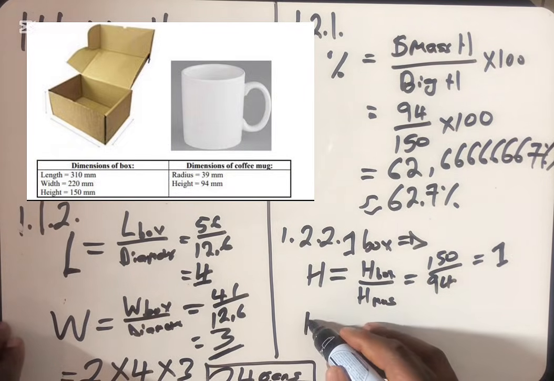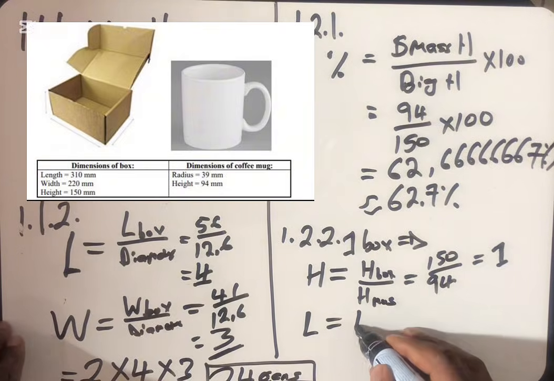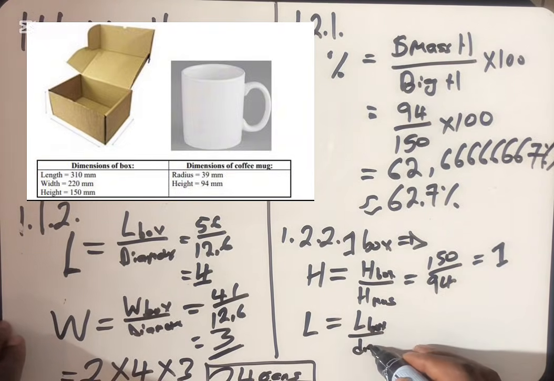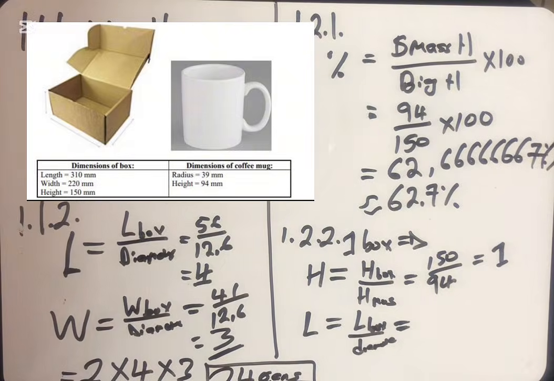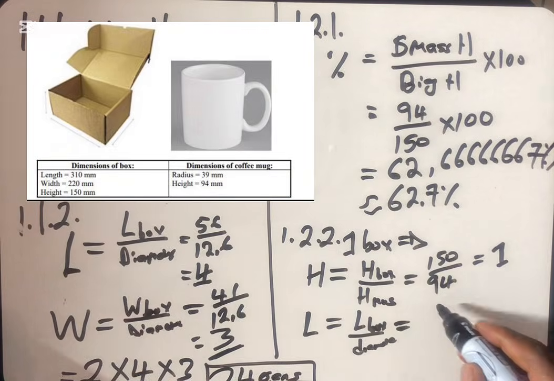In respect of length, we're going to say length of a box divided by a diameter. Don't forget, we are using a mug here, cylindrical shape. So if we check, the length of a box here is 310.